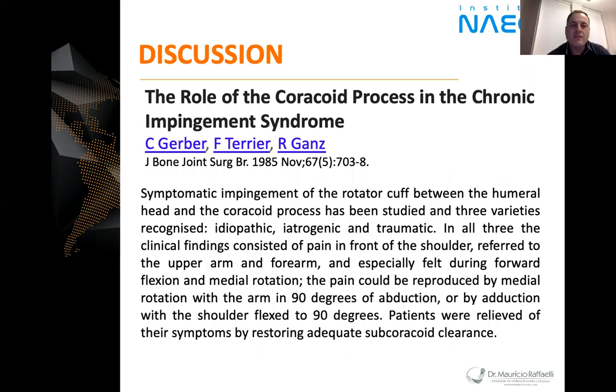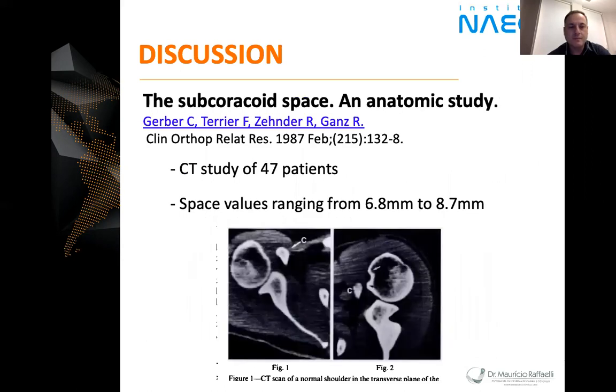In 1985, Dr. Gerber showed us the importance of subcoracoid impingement in subscapularis tears. And in 1987, he studied through tomography the normal subcoracoid space, ranging from 6.8 to 8.7 millimeters.